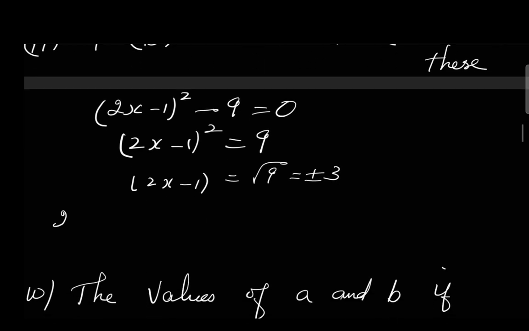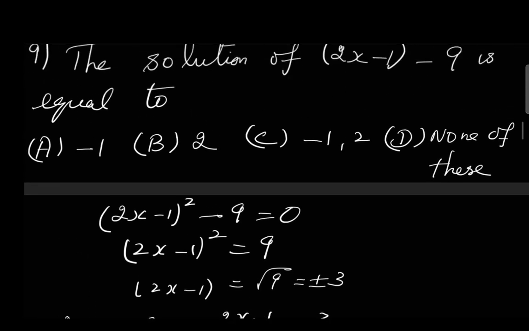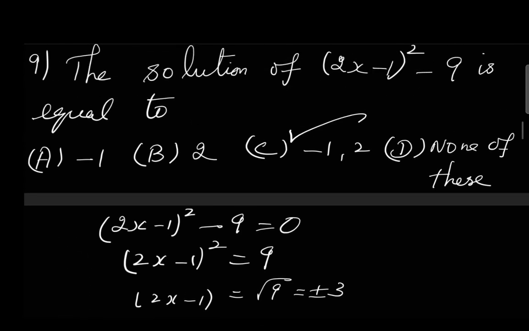So two options are given. 2x minus 1 is plus 3 and 2x minus 1 is minus 3. So 2x equal to, when you take this 1 to the other side, it becomes plus 1, 4. So x equal to 4 by 2, 2. But this side minus 3, when it goes to the other side, plus 1, so minus 2. X is 2 by 2 is 1, minus 1. Option 2 and minus 1, option C. You are getting option C.